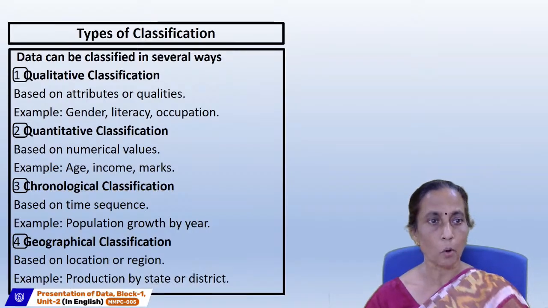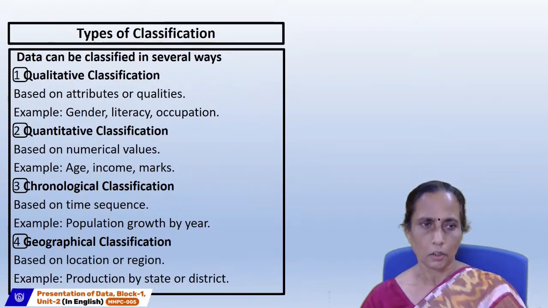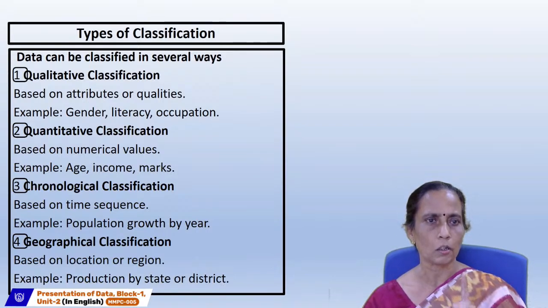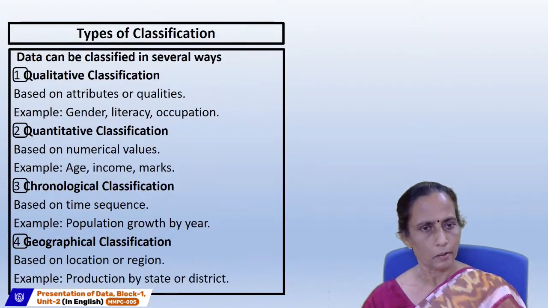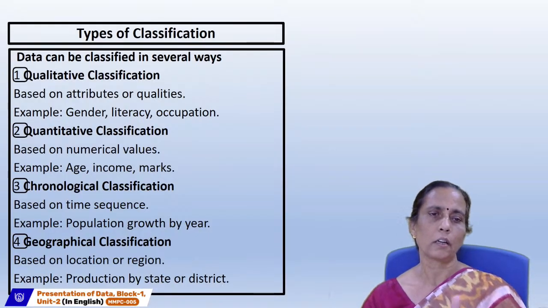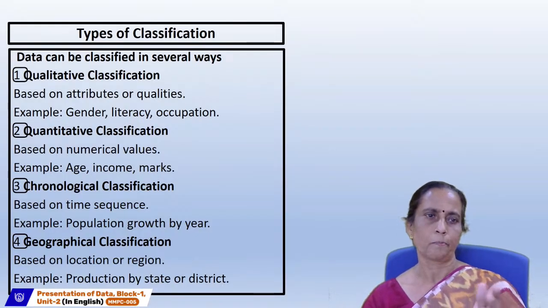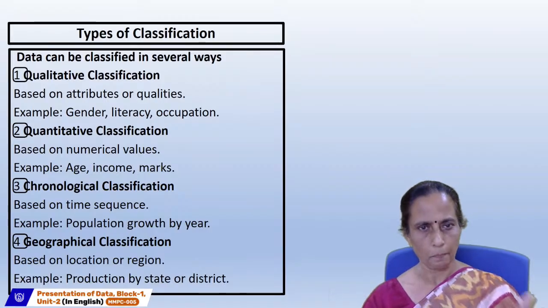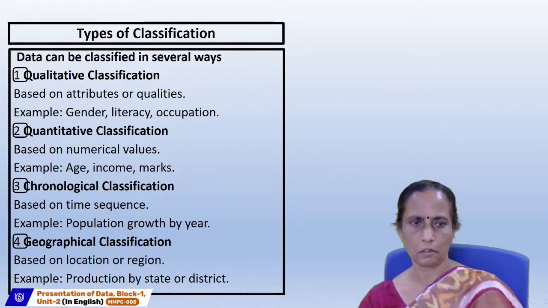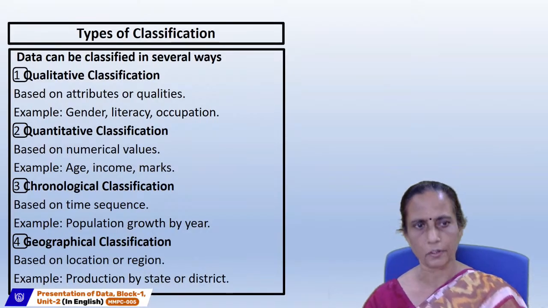But broadly, you may say classification is of two types. Data can be classified in several ways. Number one is qualitative, which is based on attributes or qualities, maybe gender, male, female, literacy, literate, not literate, or occupation, employed, not employed, government service, private service, retired, and so forth.